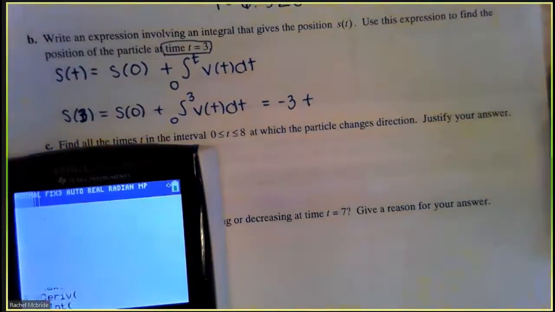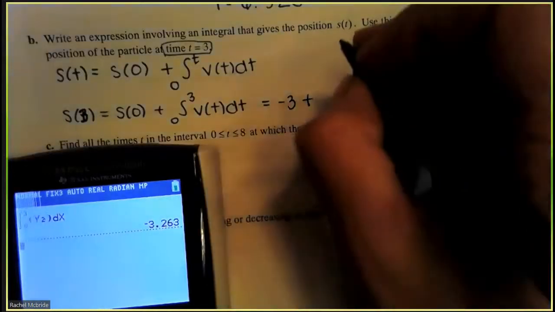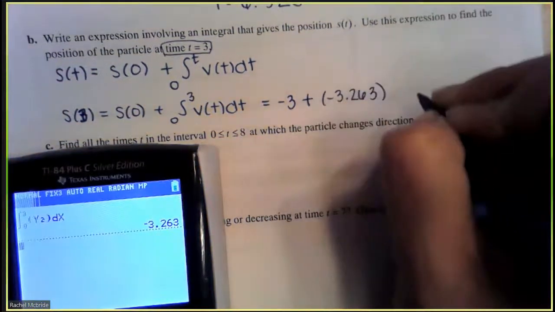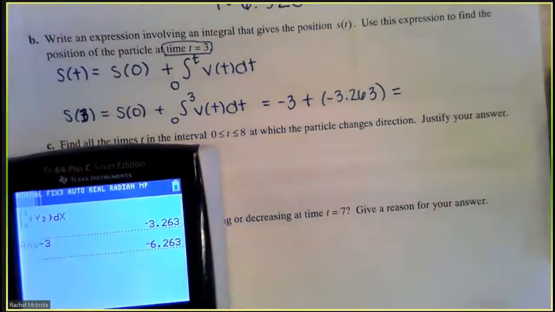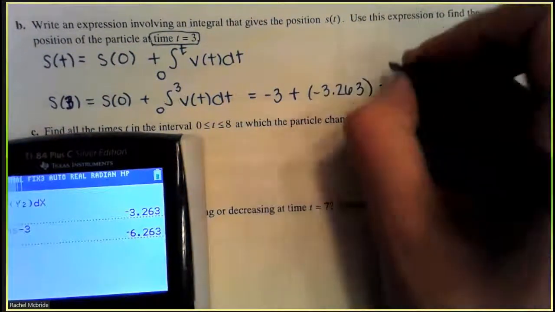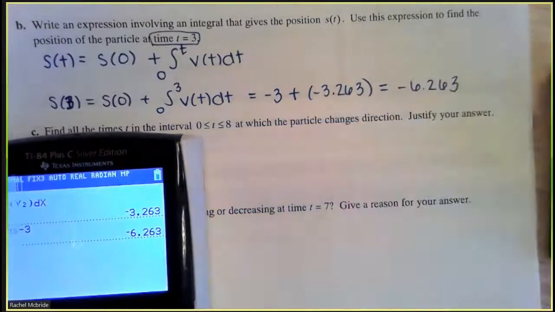I'm going to go to math 9, 0 to 3, hit vars, y vars, function y2. This is in terms of x's. And I get negative 3.263. So if you subtract 3 from that, we get that the position of the particle at 3 seconds is negative 6.263.